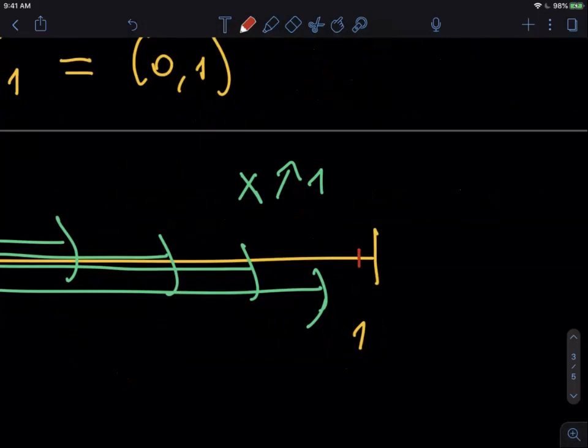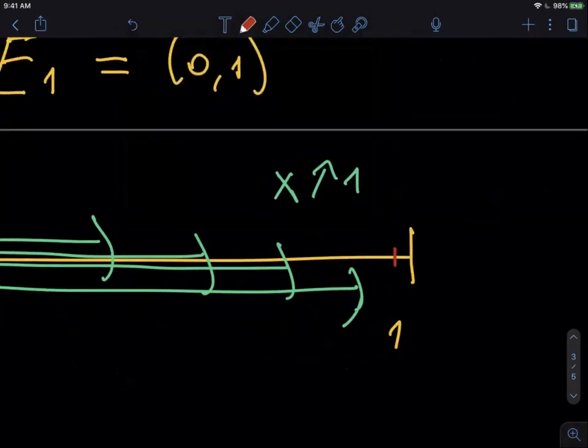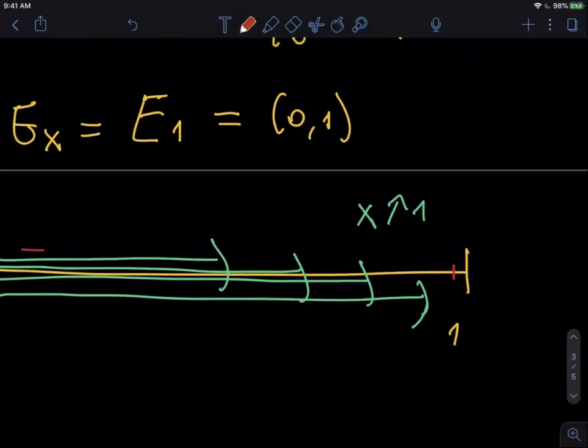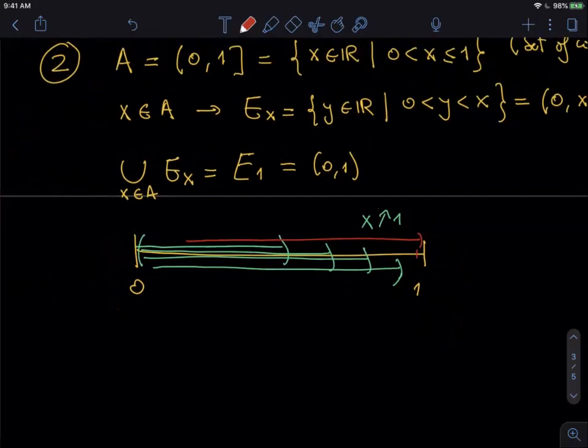It's just a matter of growing x until there is some interval that passes that value. Any number that you pick that is less than 1, it's just a matter of time that some of these intervals E_x runs through it, so it's always going to be included.